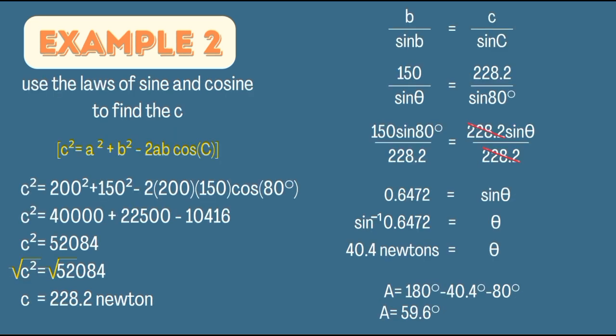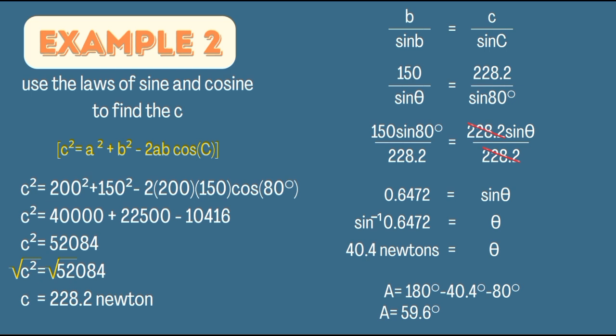So, we must use the cosine formula, which is C squared is equal to 200 squared plus 150 squared minus 2 times 200 times 150 cos 80 degrees.